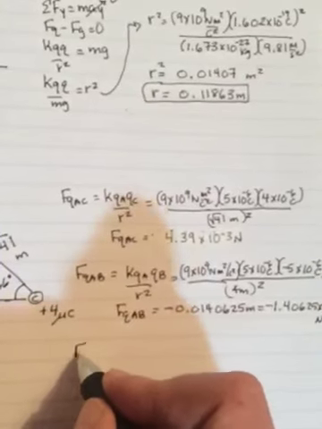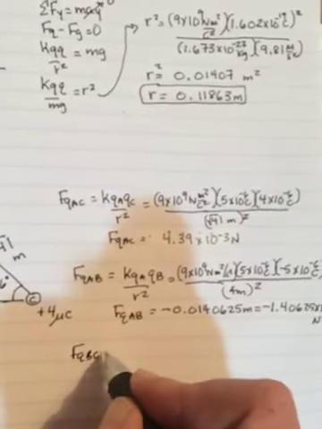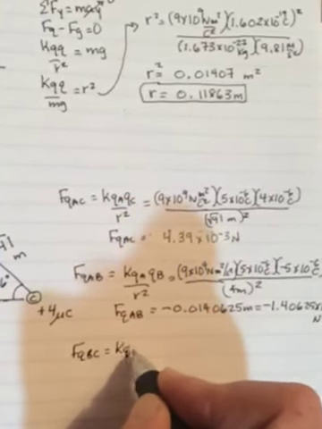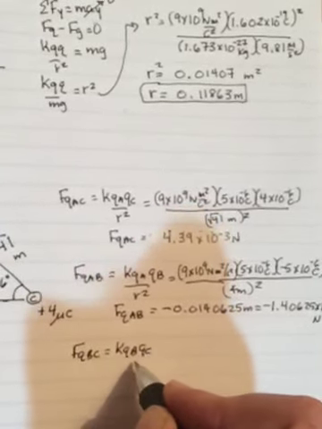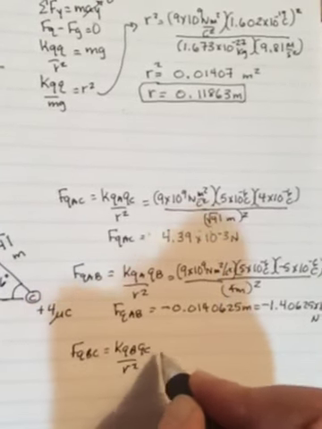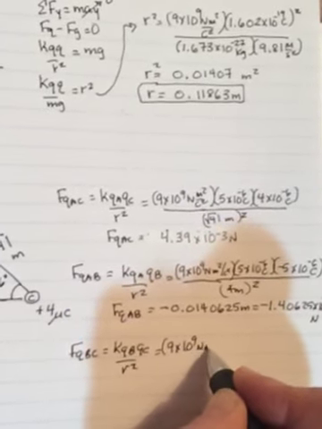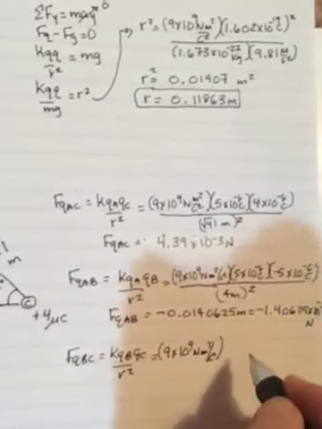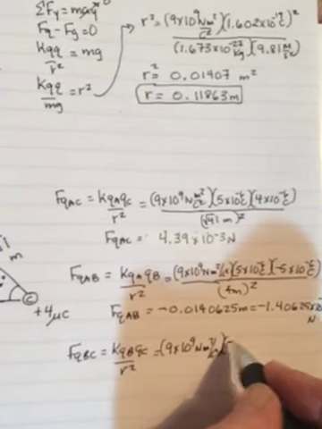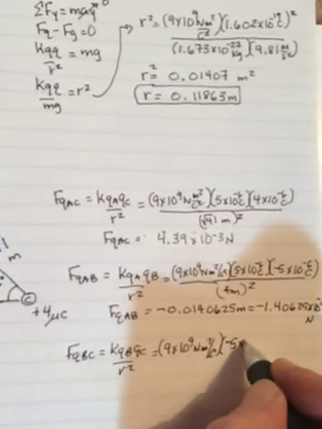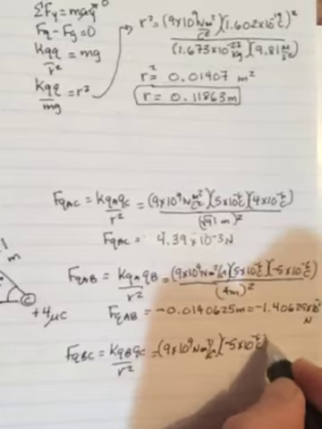And then you have to do the last one, FQBC, and it's going to be KQBQC over r squared. So 9 times 10 to the 9th newton meter squared per coulomb squared. B is negative 5 times 10 to the negative 6.